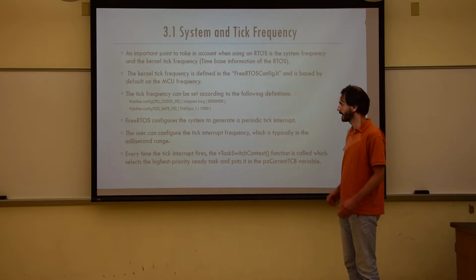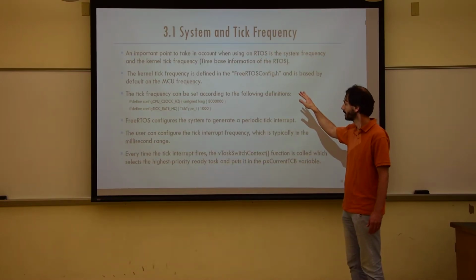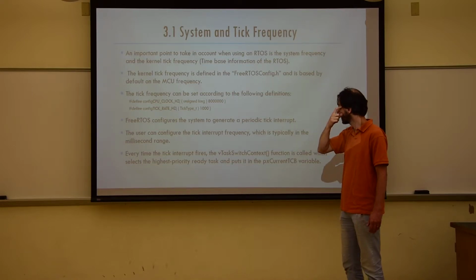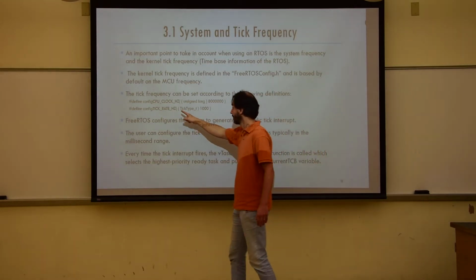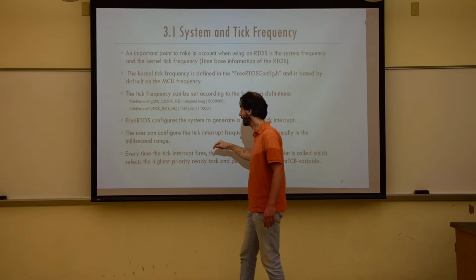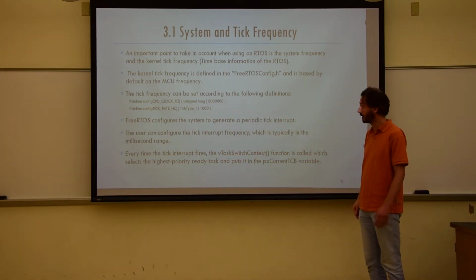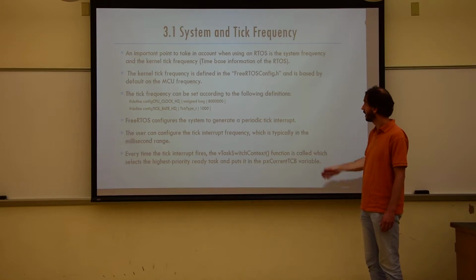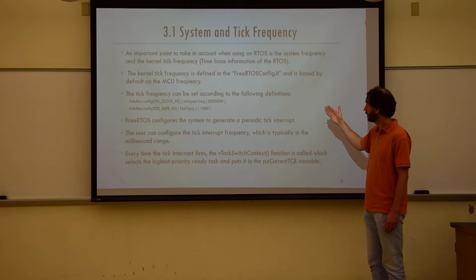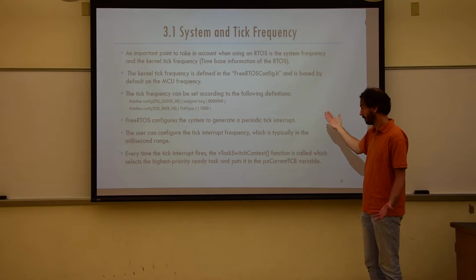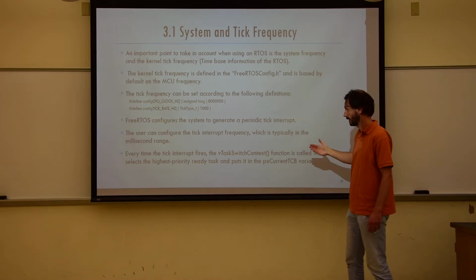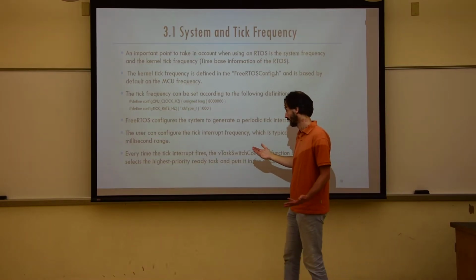So how is everything maintained? So first of all, let's talk a little bit about the system and tick frequency. That's important. You have these two parameters that you need to set appropriately. So it's described how you do that over here for your own MCU. So effectively you just need to assign that in the proper way.